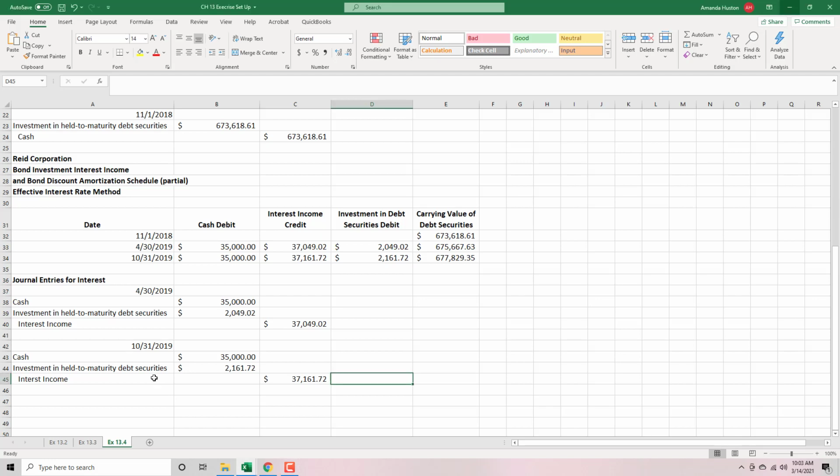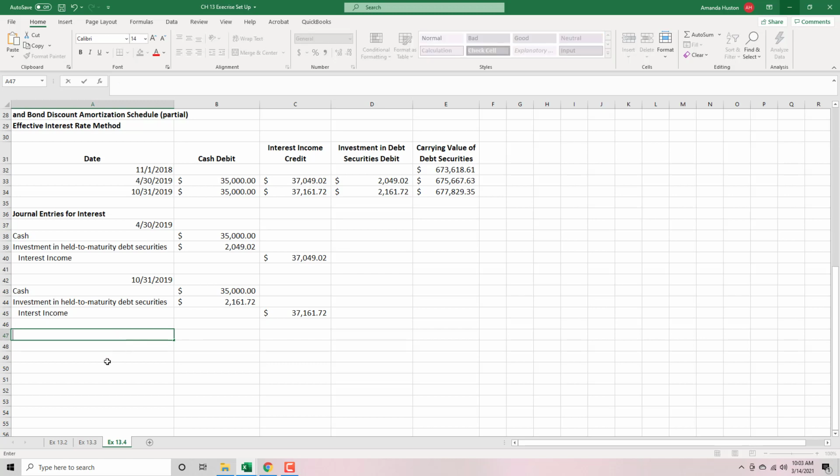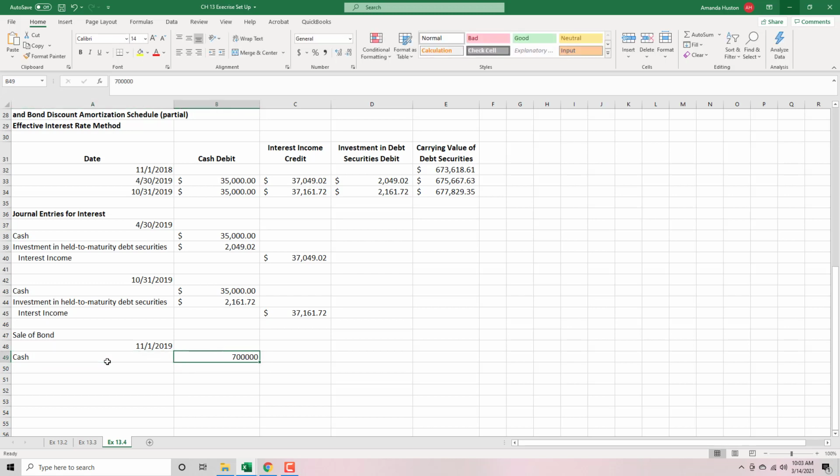They're going to credit investment in held to maturity debt securities as the carrying value. And then the difference is, since it's on this side, gain on sale of bond. And that is it. You can complete the practice of this, and then there's homework in Cengage.